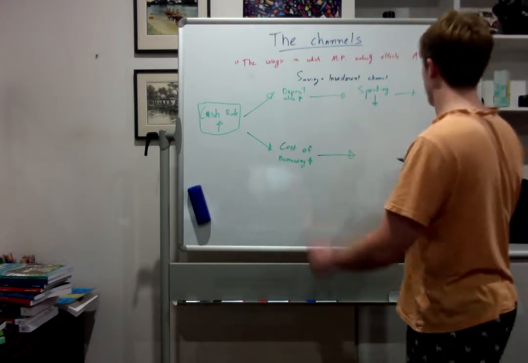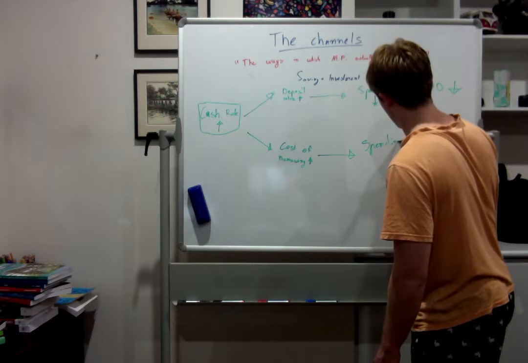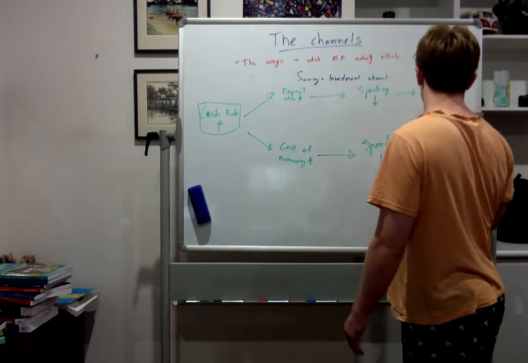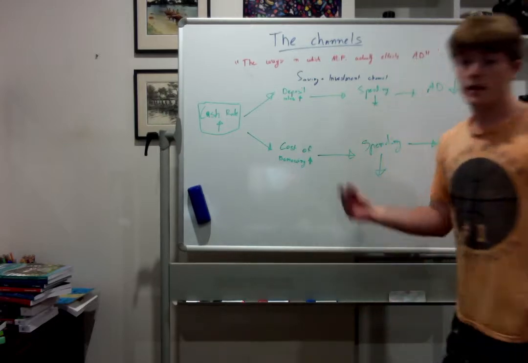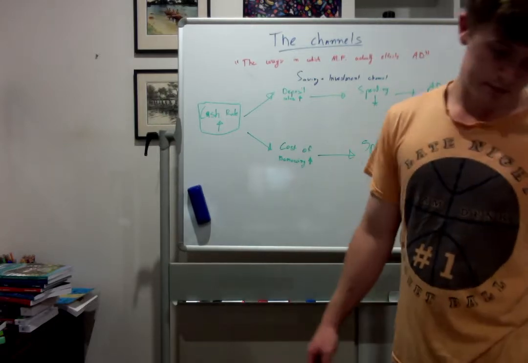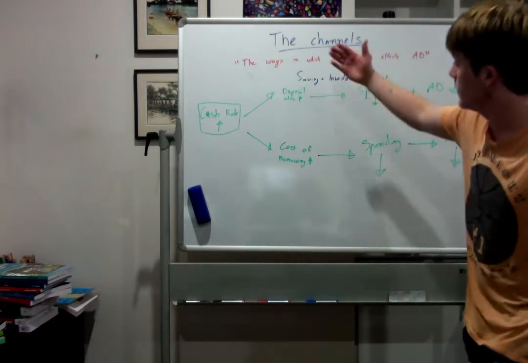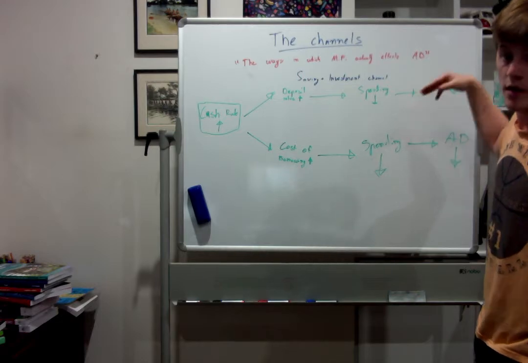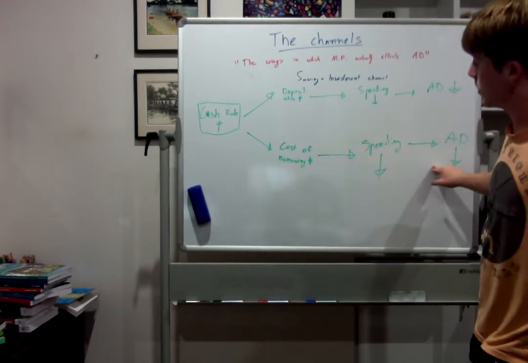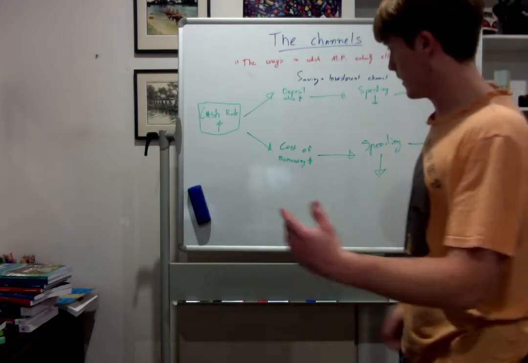Investment, so spending down. AD down. Easy one. This process refers to the savers, the people with bank accounts. This process refers to borrowers, the people getting money off the bank and using it to start things.